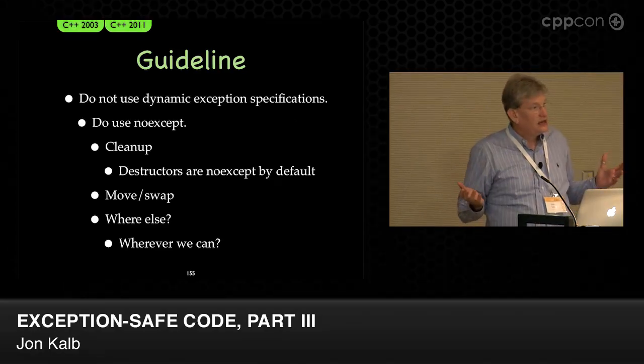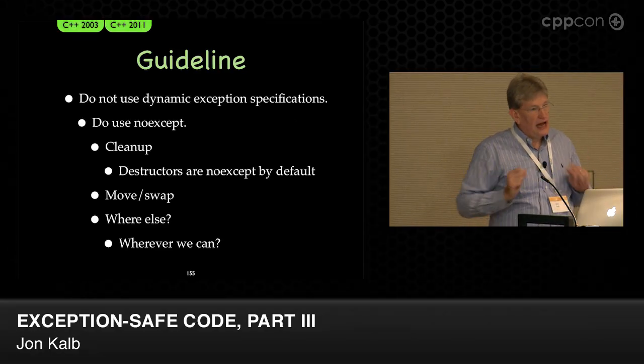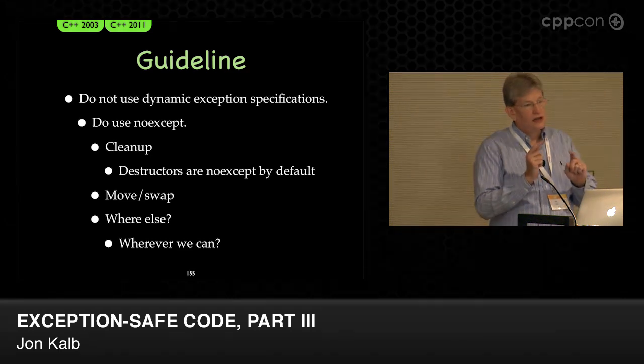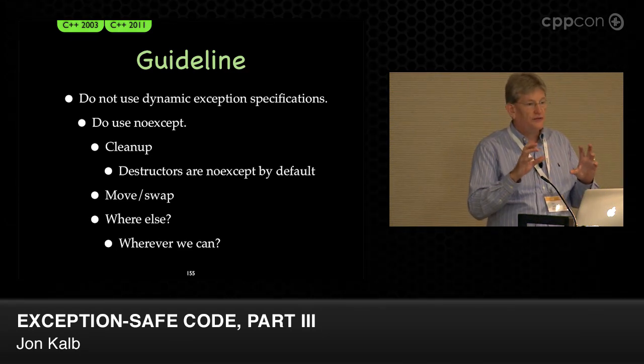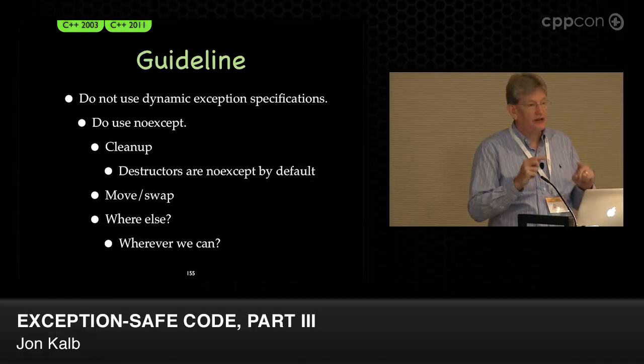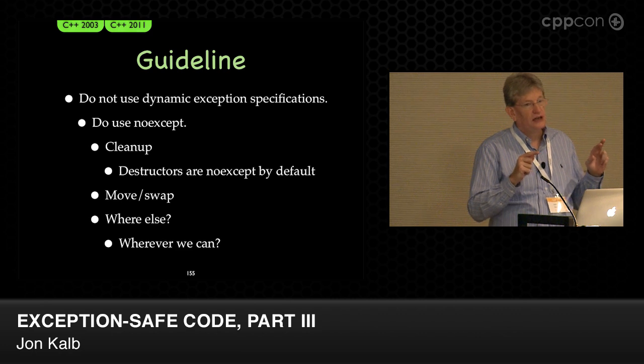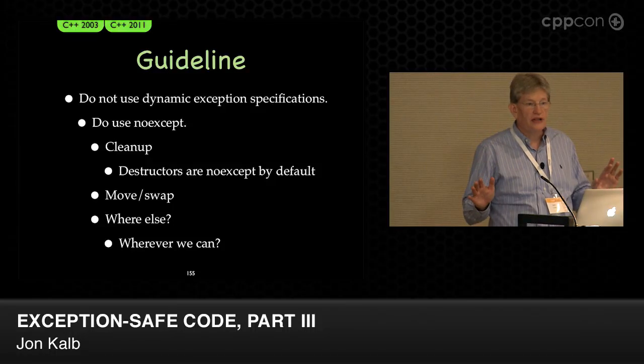You could say that. The problem is, if you do that, somebody comes along later, maintains your software, adds a new feature, and now it could, in fact, throw. What happens if you throw on a function that's marked noexcept? You're going to terminate. You're going to go directly to terminate. You're not going to unwind the stack. It's really bad. So we don't want to go there.